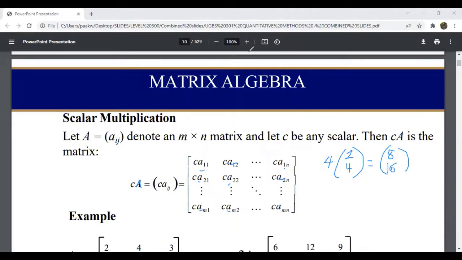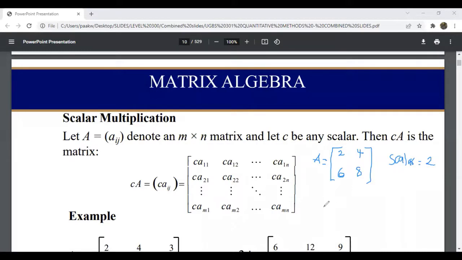For example, if the matrix A is equal to 2, 4, 6, 8, and you are given a scalar, let's say the scalar is 2.